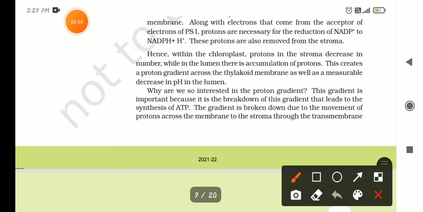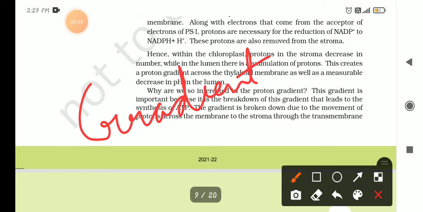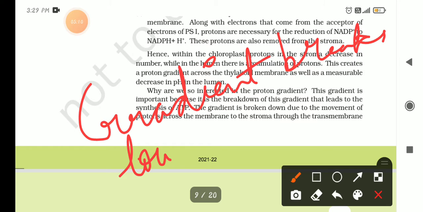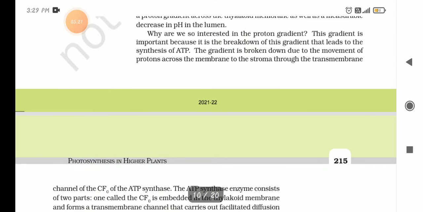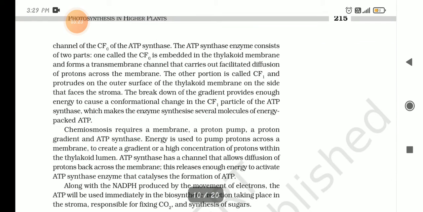Only because of the gradient did this all happen, because when the gradient breaks down, it synthesizes ATP. So here we have a great role of the gradient, and because of the gradient this was done.